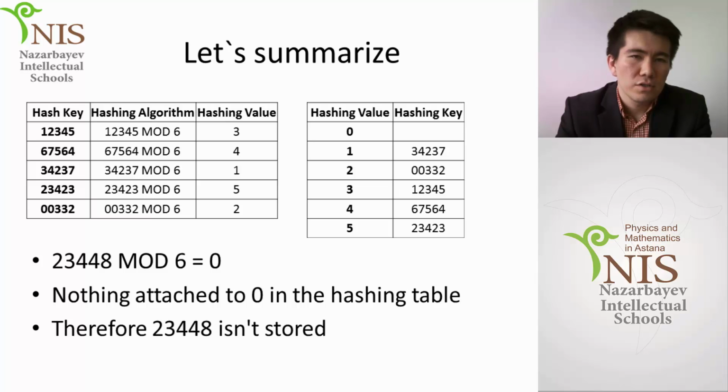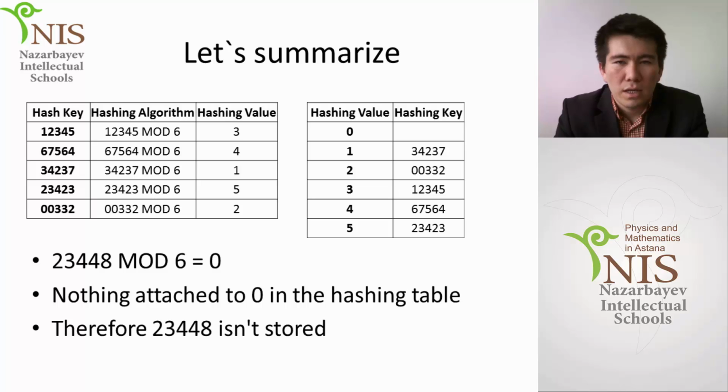As you can see, the remainder here is 3. Here 4, here 1, here 5 and here 2. Now let's check our hash table. In the hash table you can see that hash value 0 has no hash key, and that's true because here we have no hash value 0. We have 2, 5, 1, 4, 3 but no 0.